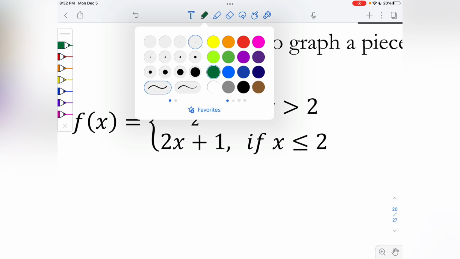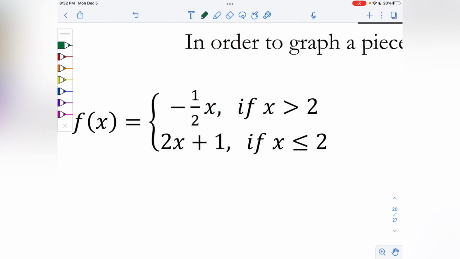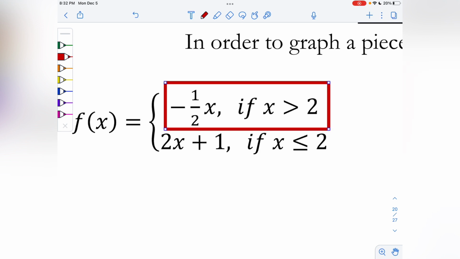So if I'm going to graph the first one in red, I'm going to graph it only when x is greater than the number 2, which is why you don't want to do y equals mx plus b and do the y-intercept, because the y-intercept might not be part of the actual piecewise part.